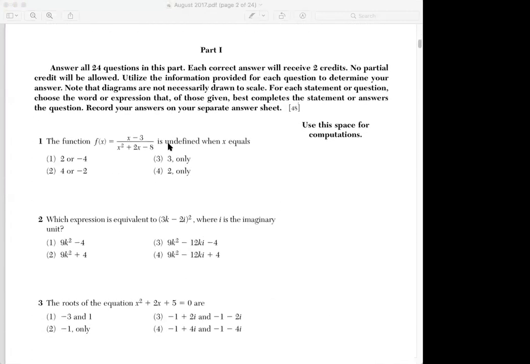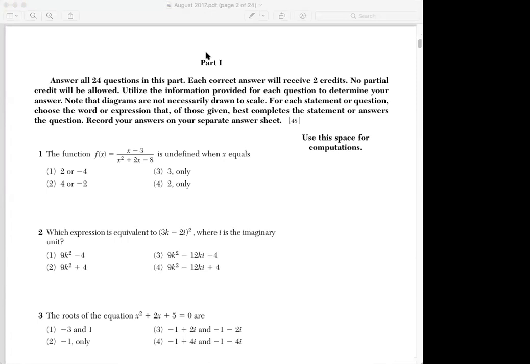Okay, and here we go. This one you can do. All you have to do is find out what is the x value that makes the denominator 0. Can't divide by 0. Okay, so you factor.